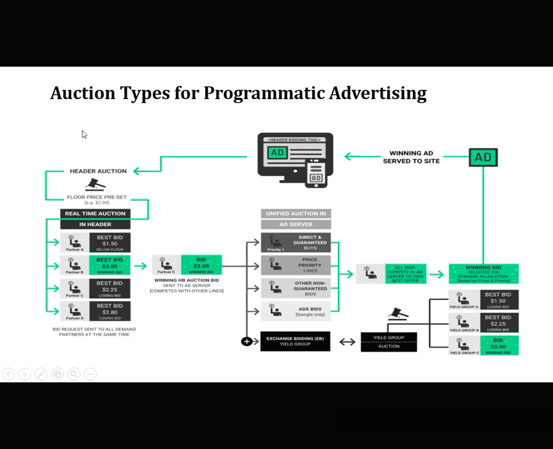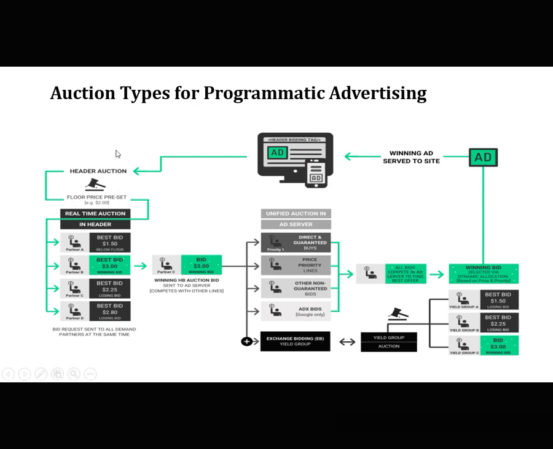So this is the whole process through which header bidding and RTB happens, and header bidding generally outperforms real-time bidding or yield group bidding because it provides a higher eCPM as compared to the eCPMs offered on ad networks and yield groups.